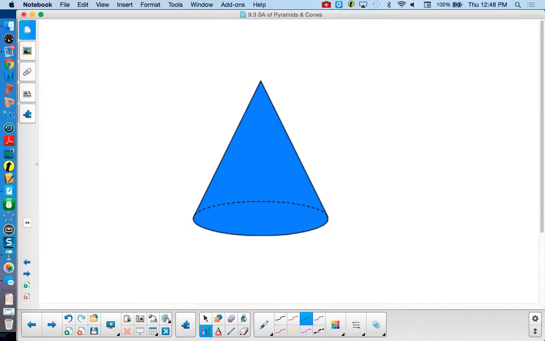Okay, so on this one, let's make the diameter 12 inches, and we'll make the slant 21 inches. Find the surface area. I'm going to look up the directions for your book and see if they say anything in this lesson or not.